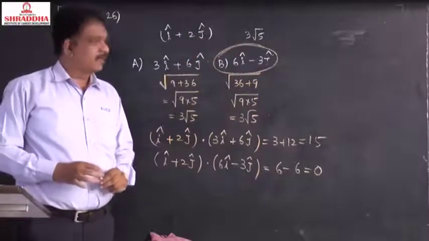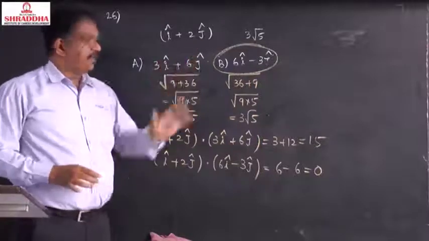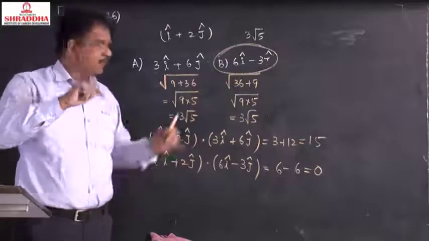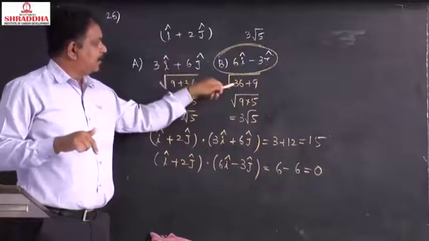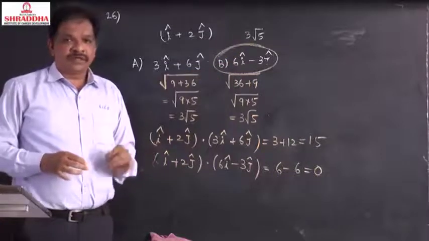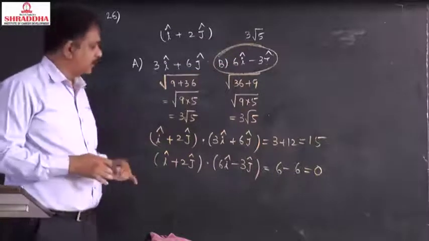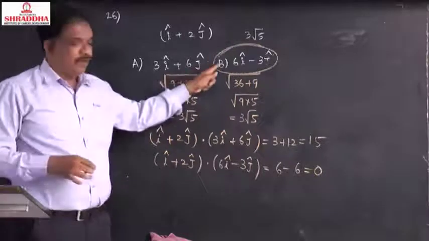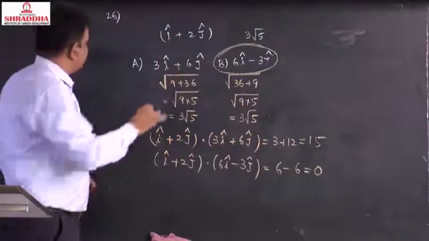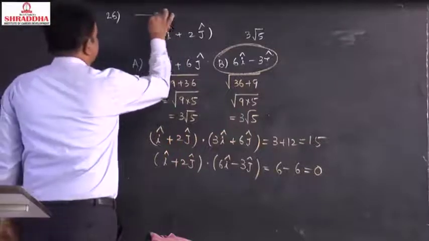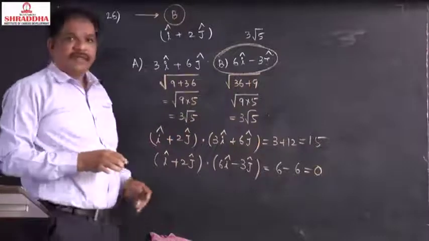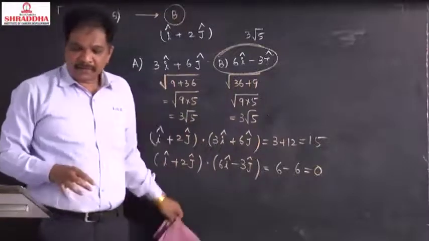What they are asking is, among the given 4 vectors, one vector is perpendicular to this and its magnitude is 3 root 5. Find that vector. So B will be the correct answer. Question number 26 will be B. Clear? Is it understood? Next.